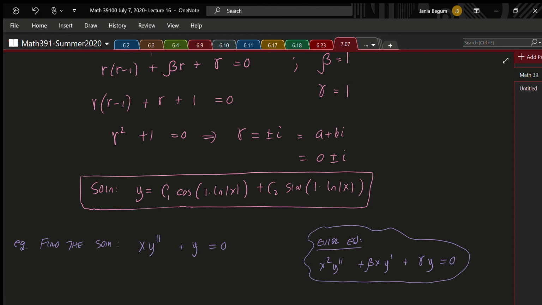How do we make it into Euler's form? We want the x squared term to appear with y double prime. How do we do that? What do you guys think? How do we make y double prime have x squared on the front?